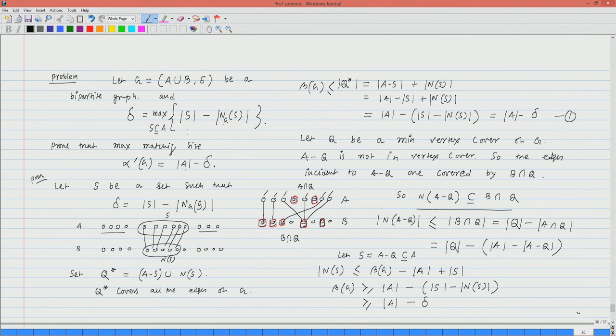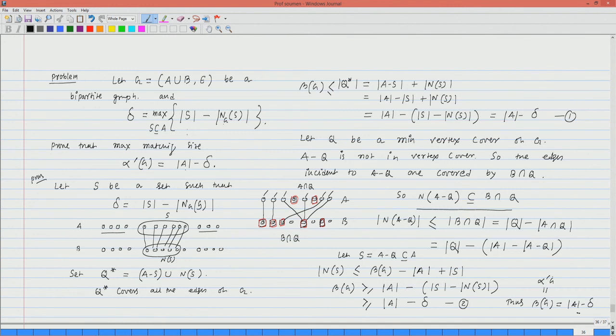Now, we got beta g is greater than or equal to A minus delta. This is, say, equation 2, and combining these two we get that beta g is equal to A minus delta.